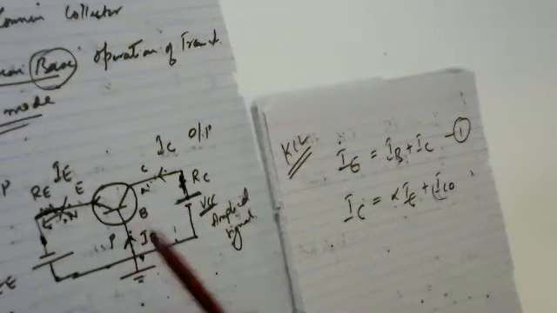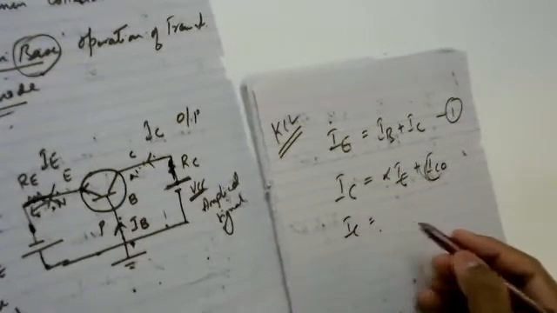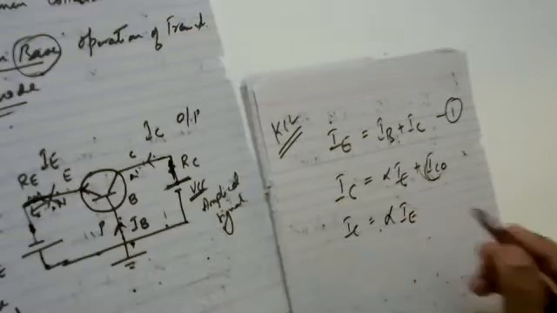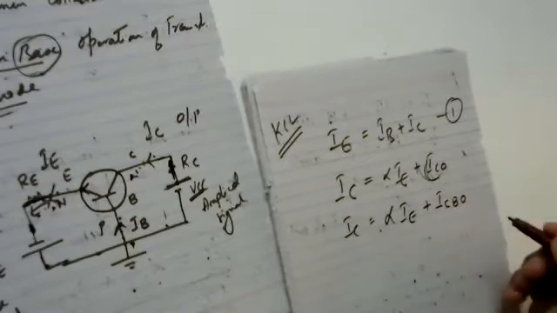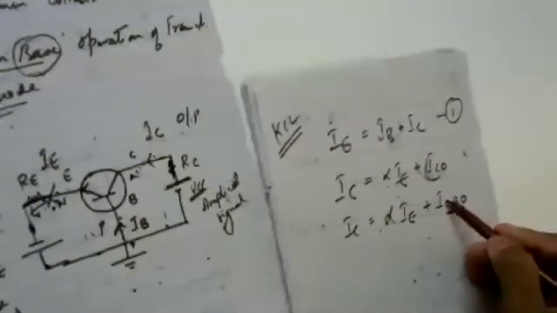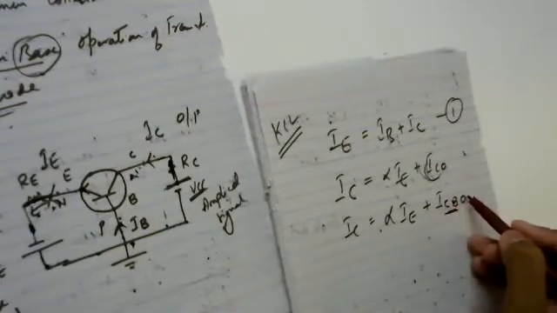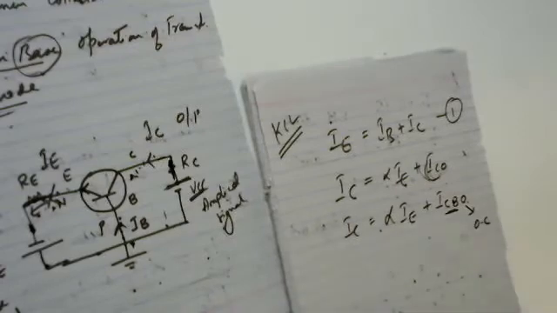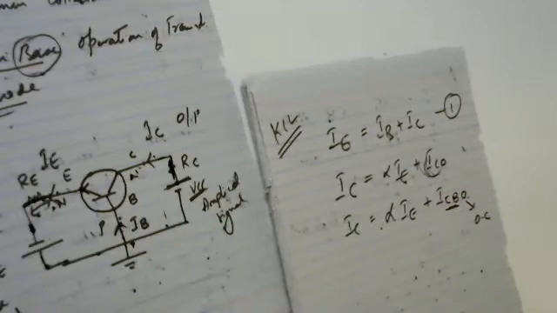So the same equation I can write as IC equals alpha times IE plus ICBO, wherein this B indicates the common base reverse saturation current, and this current is seen when it is open circuited. Is it clear to you?